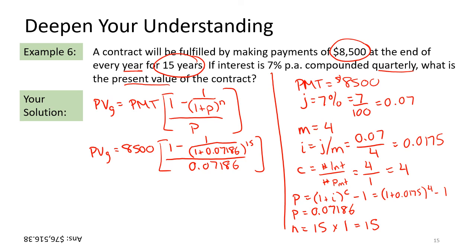So if you calculate the brackets out again first, your present value is equal to 8,500 times 9.002. So if you multiply that out, you get your present value is equal to $76,515.91. Sorry, I wrote that badly. Let me just, that's $76,515.91.